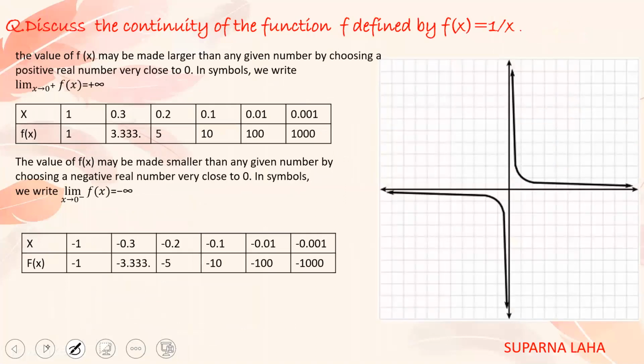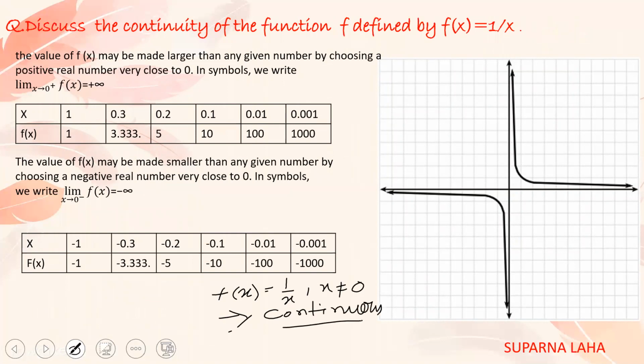Now discuss the continuity of the function f defined by f of x equal to 1 by x. Now we all know f of x is equal to 1 upon x for x not equal to 0. This function is always continuous. We checked it previously. So at x equals 0, look at the graph.